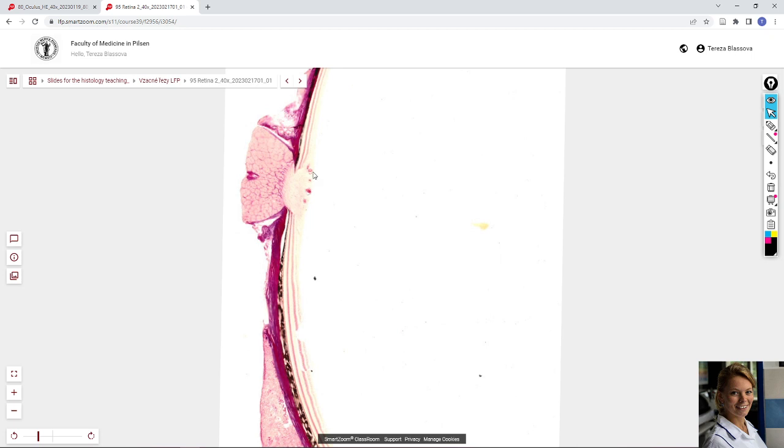So here you can see a branch of retinal vessels, and here is a macula, the yellow spot area with the highest resolution, which contains only cones, bipolar cells, and the retinal ganglion cells, and other layers are reduced.